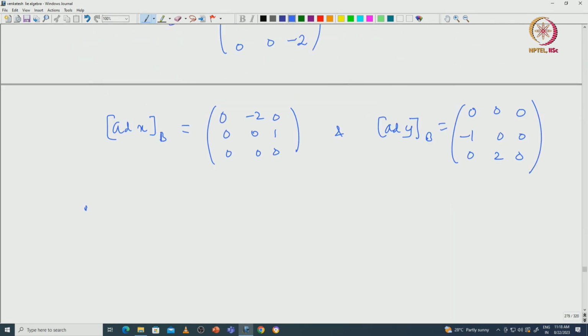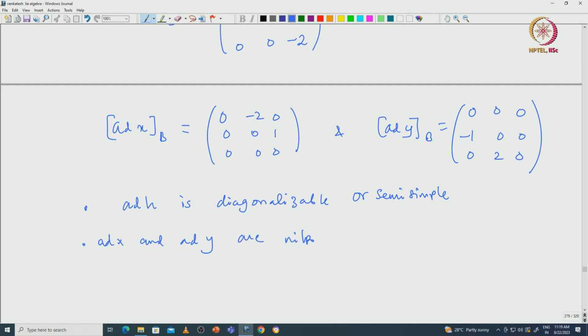So, there are the following observations. This ad h is semisimple, or diagonalizable. Ad x and ad y are both nilpotent. This is the observation that we are making.